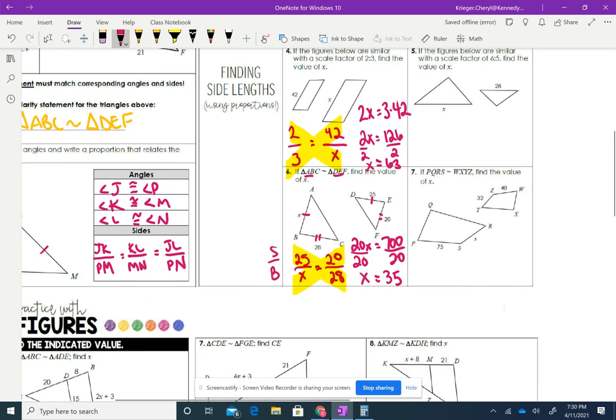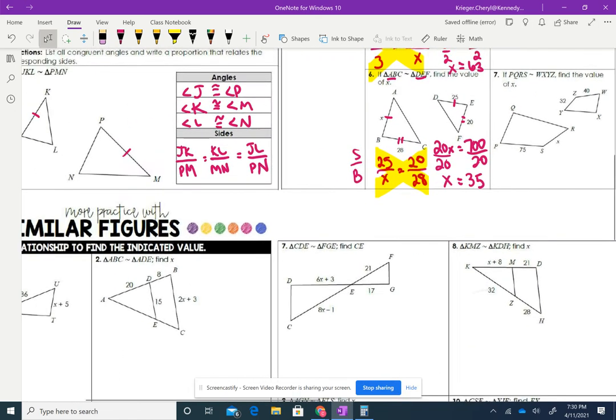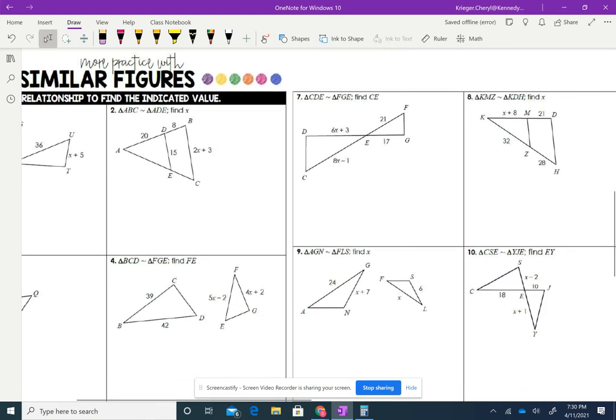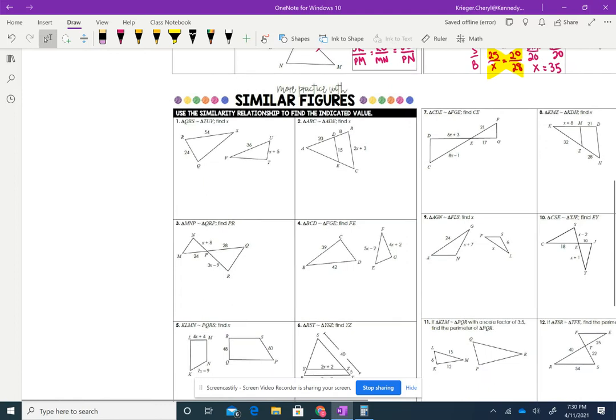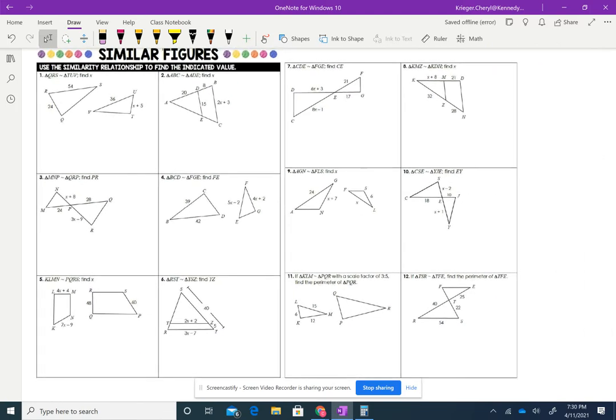Okay, so you guys can do the 2 that we skipped. And then the next page is just similar figures with algebra. Okay, and let's just do a few. I think we can skip the easy ones, and then that'll just take some of your workload away.